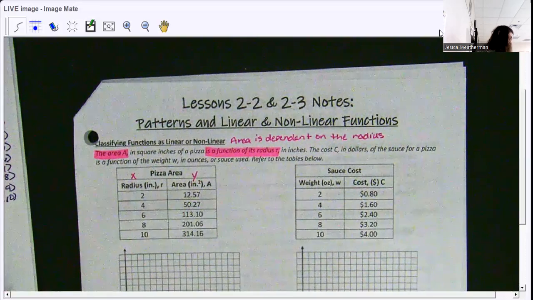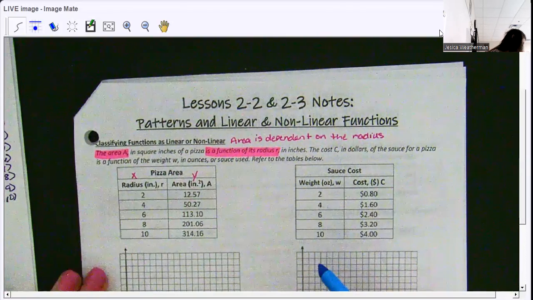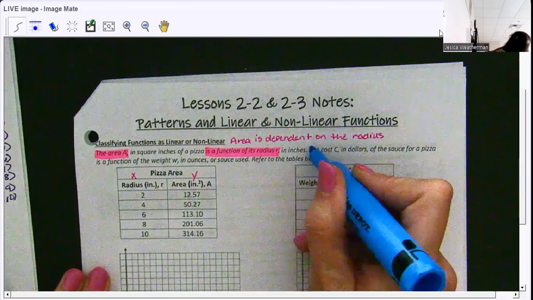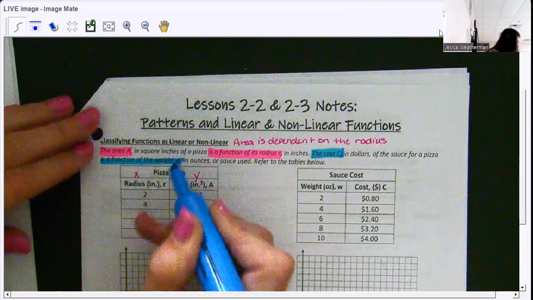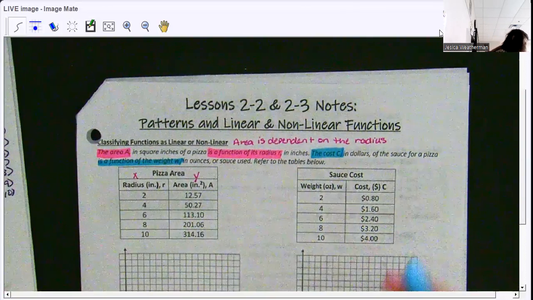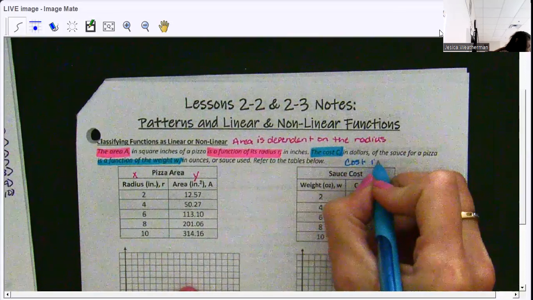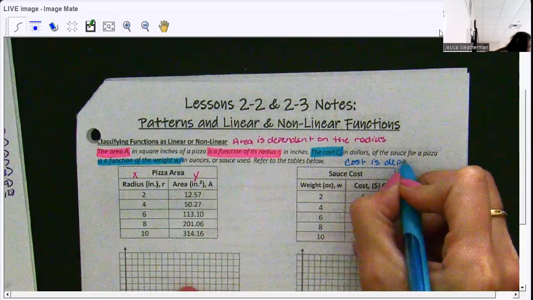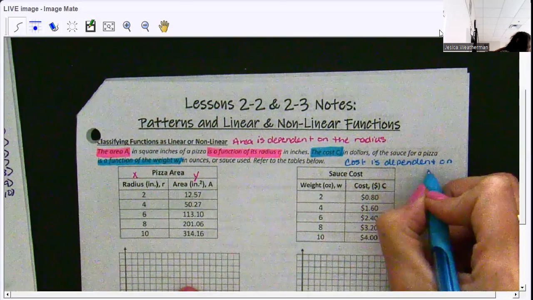Let's look at the sauce cost. Okay, so the cost C is a function of the weight W. What does that mean? That's saying cost is dependent on weight.